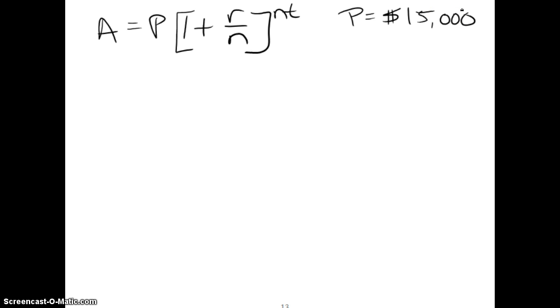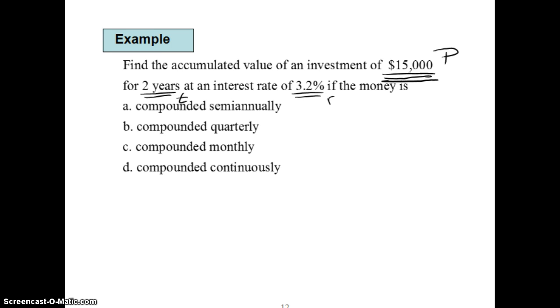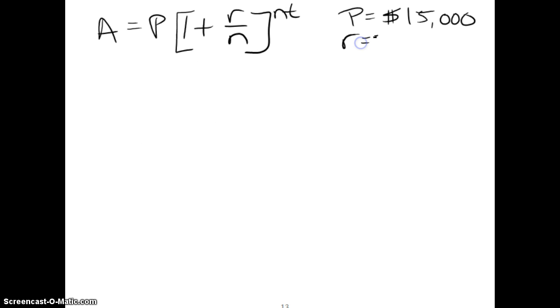So if I look at my equation, so far I know a lot of the variables. So I know that P is $15,000. And my rate was 3.2%, which is 0.032.